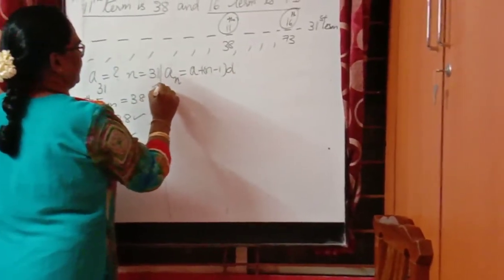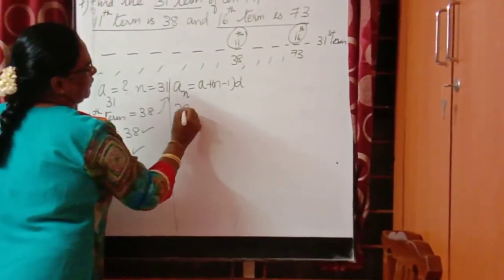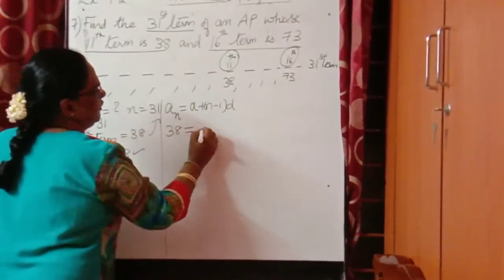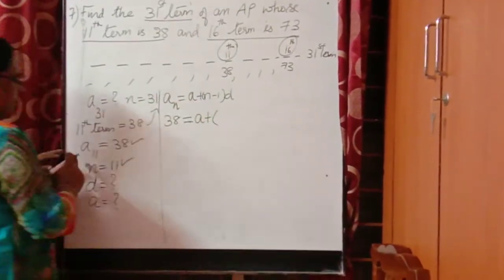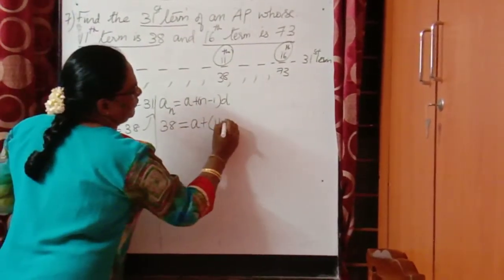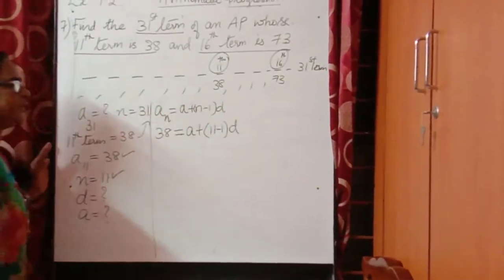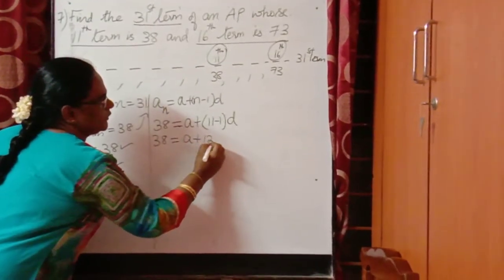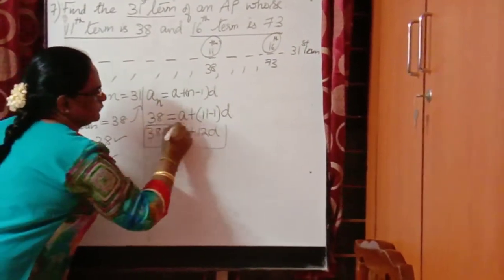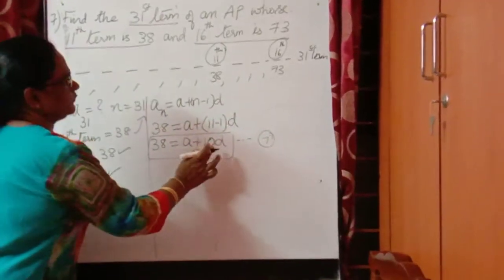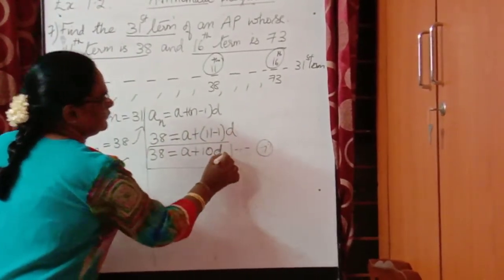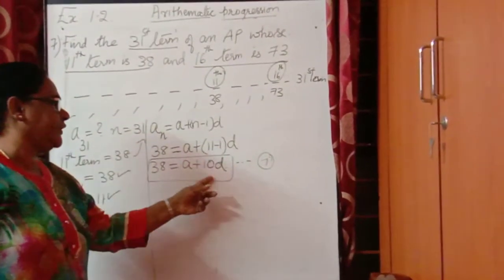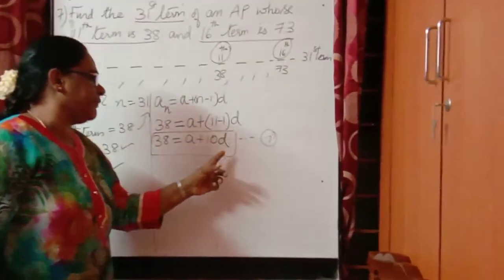AN means they have given the 11th term, that is 38, is equal to a, we don't know, plus n, number of terms, how much? 11. 11 minus 1 into d, also we don't know. Here see, 11 minus 1 is 10, sorry. 38 is equal to a plus 10d.